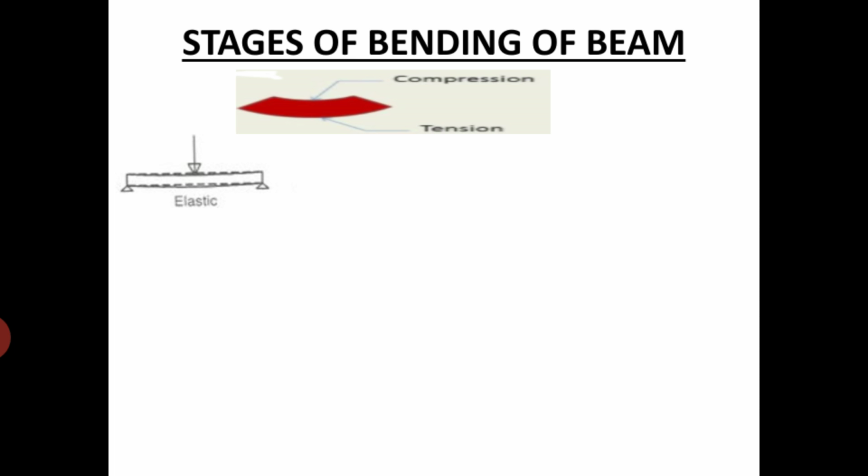And if we consider a simply supported beam subjected to an incremental load at the mid span, as shown here, then when the load is increasing gradually, what happens? At first the stresses at the extreme top and bottom fibers will be less than the yield stress.